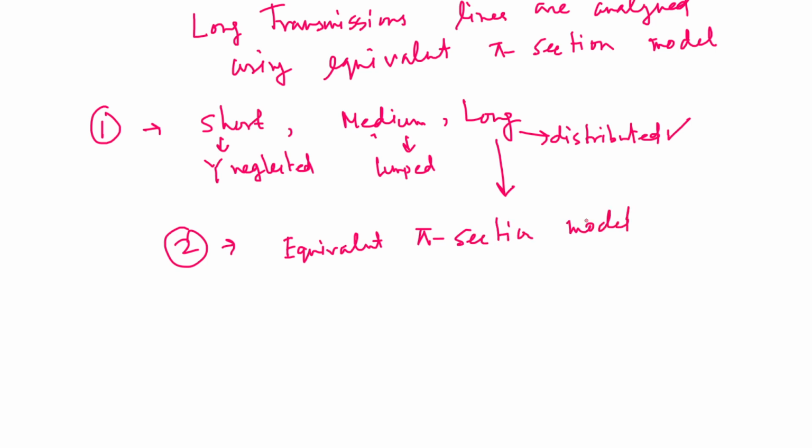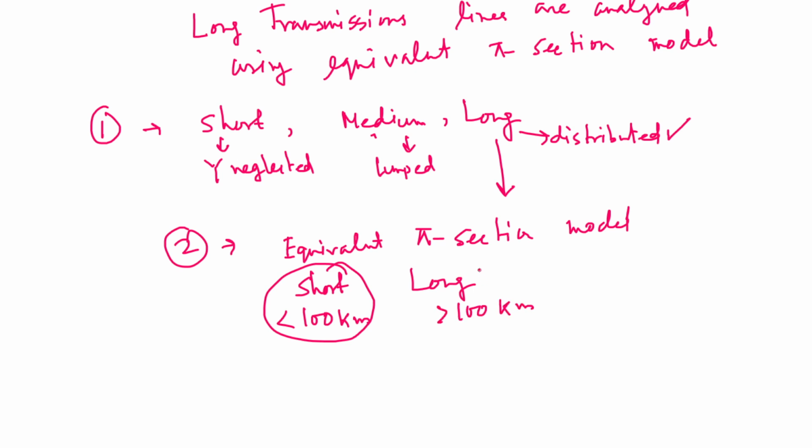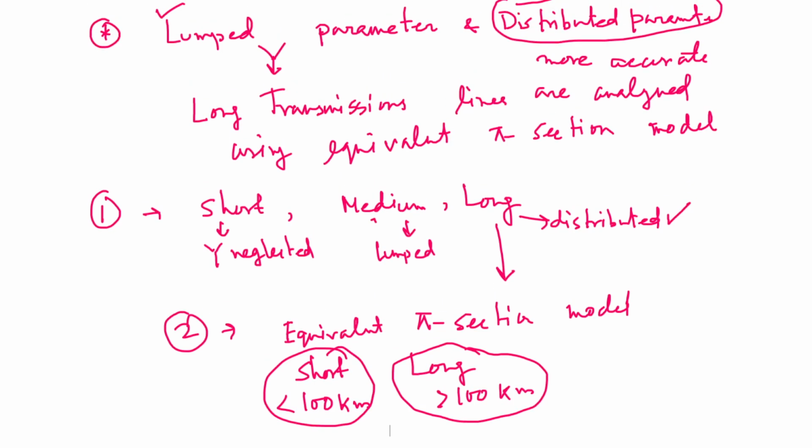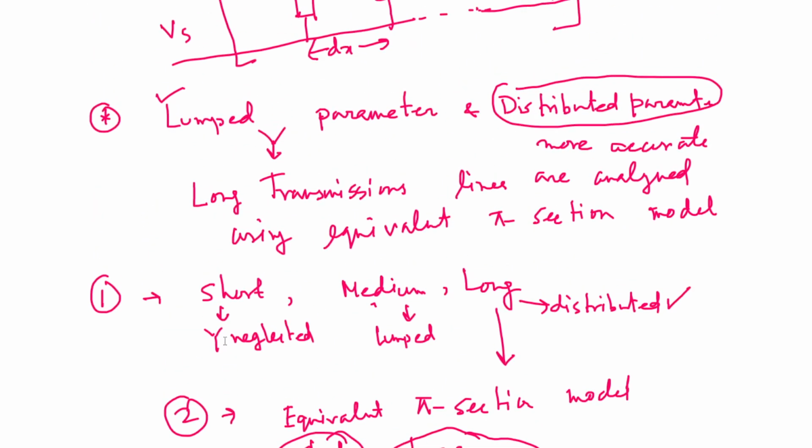That is why some group of people categorize transmission lines as short and long. That means anything less than 100 km is short, and anything greater than 100 km is long. However, the name does not matter much.